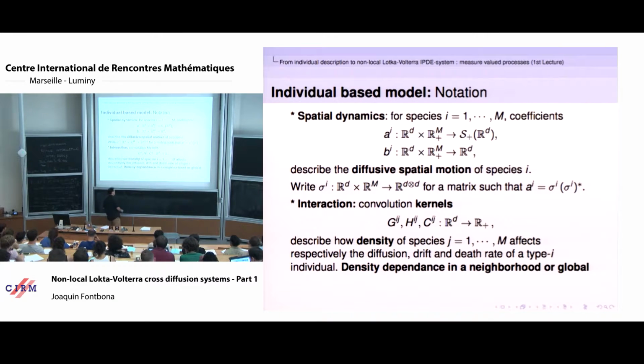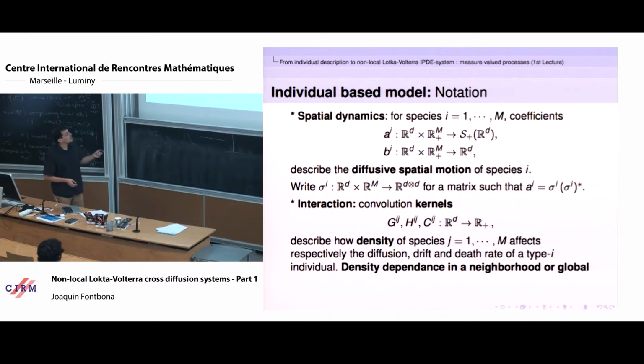And we would like also to take Dirac masses eventually. So you can think that these kernels control the scales at which interaction takes place, at the different levels, for the population.